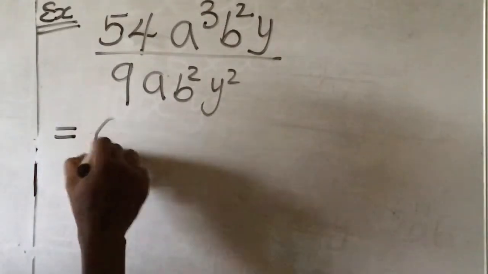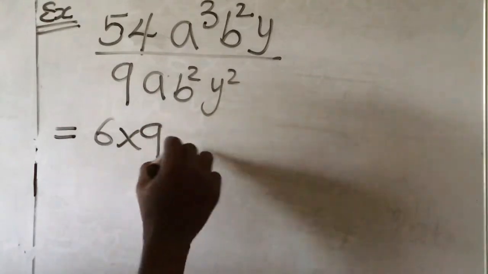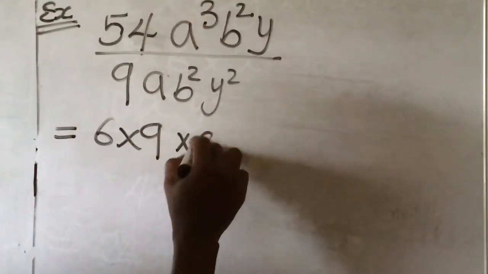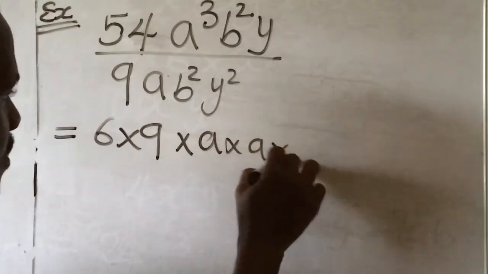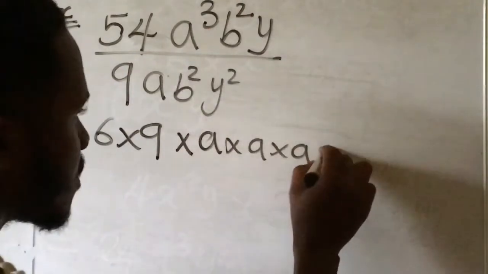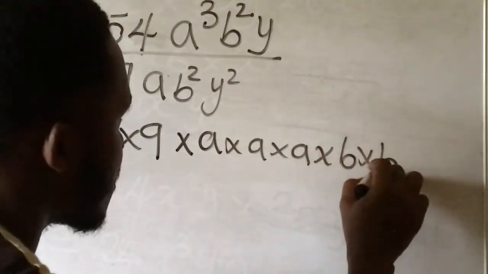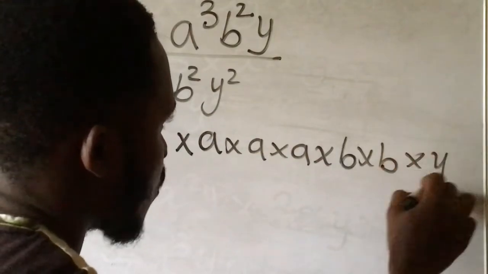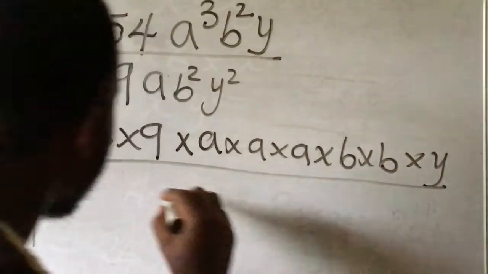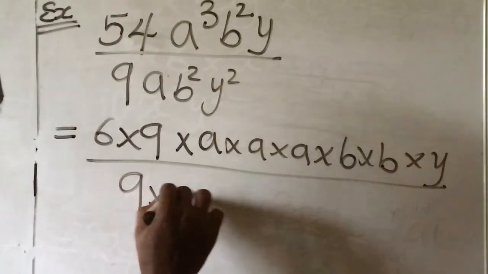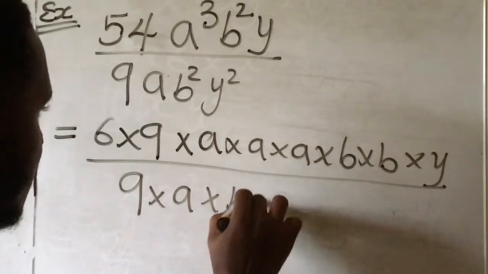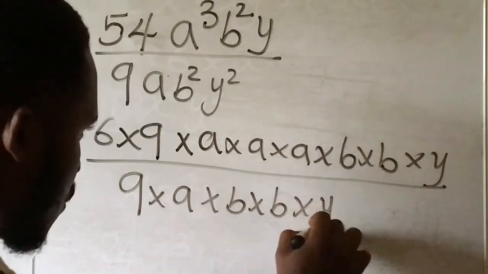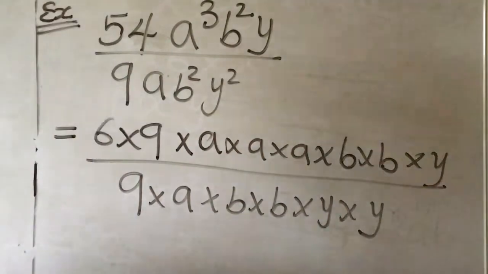So we can say 54 is 6 times 9, times a times a times a, then b times b, then our y is 1, and here we have 9 times a times b times b times y times y.